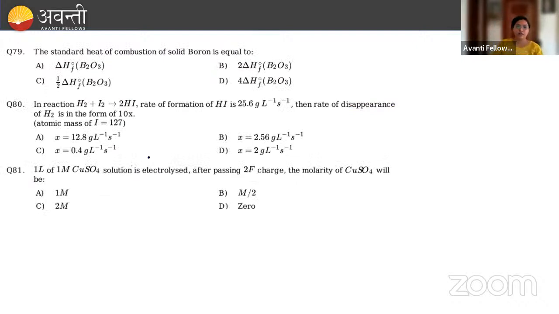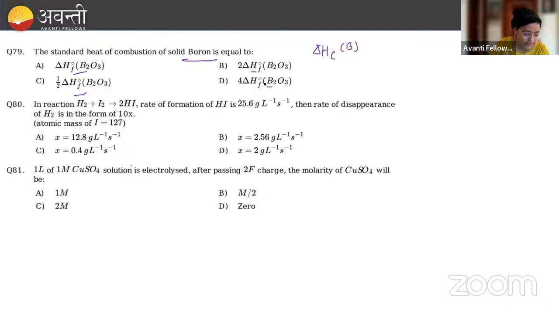Next, the standard heat of combustion of solid boron is equal to. Here we have to do the calculation. We need to find out the heat of combustion for solid boron, which will be equal to delta H of formation of B2O3.